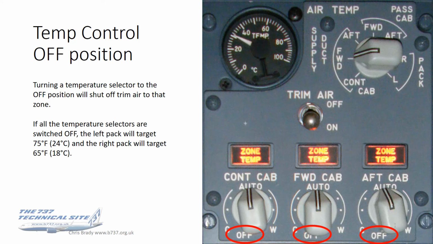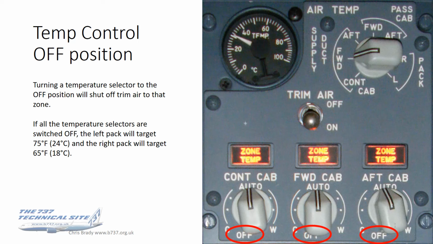So it's an individual version of the trimmer switch above. The trimmer on-off switch above switches on or off trimmer to all of the zones, or certainly to the 2 active zones. It switches off the whole trimmer system.